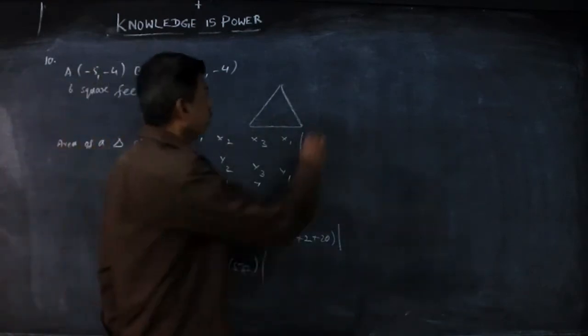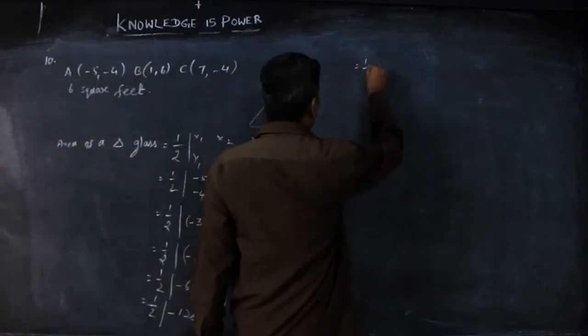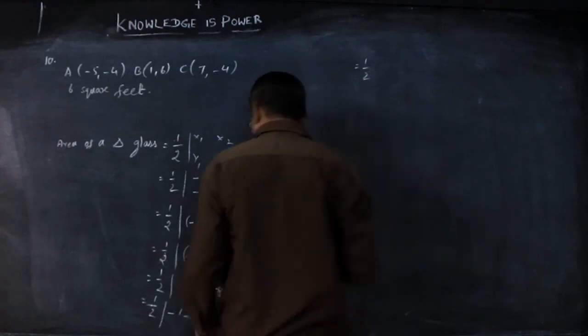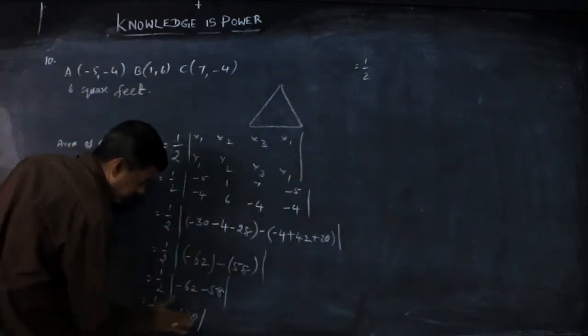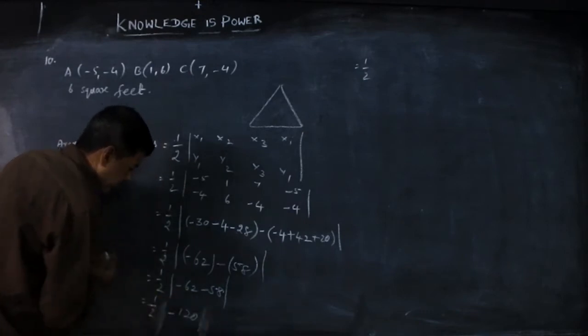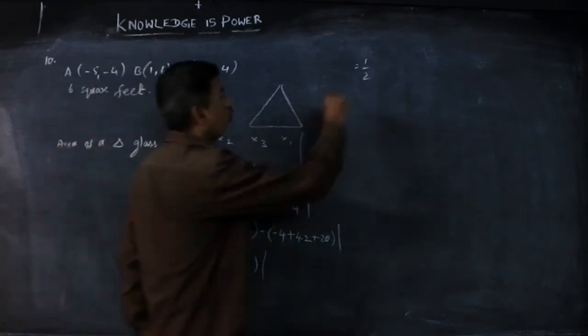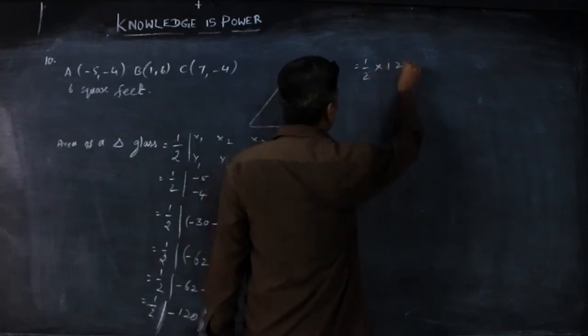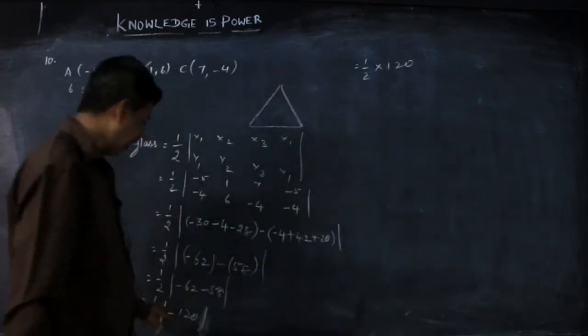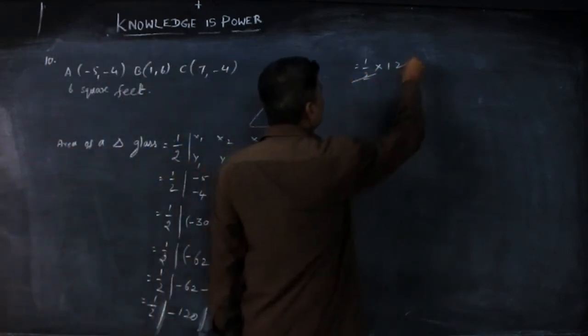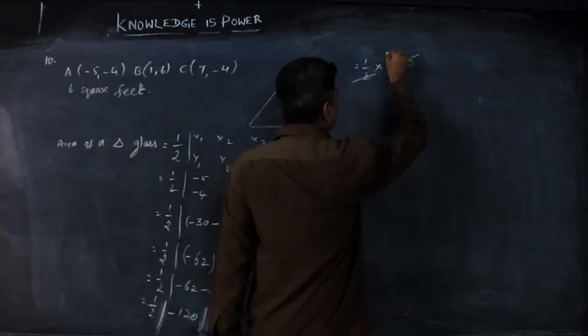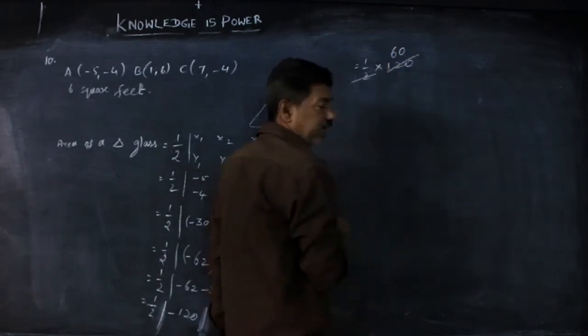So after that, equal to 1 by 2 into 120, because I told that minus will be cancelled in area. So 1 by 2 into 120 is taken as 60.